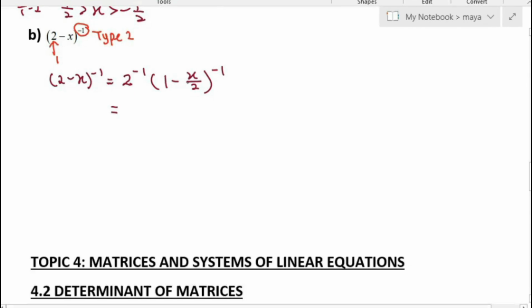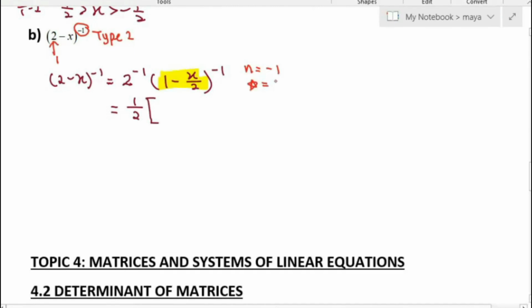So now we can only expand for this. This is the expansion we can do here. So for this 2 to the power of negative 1, it will be the value of 1 over 2. So for this part, we expand. Our n here is negative 1.